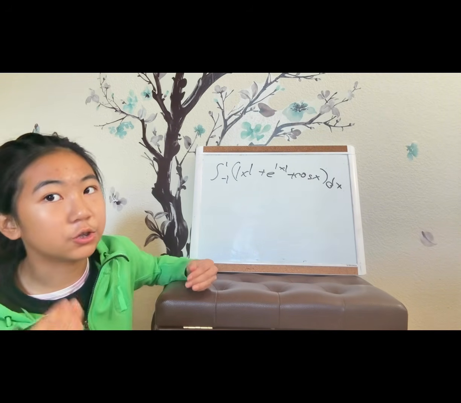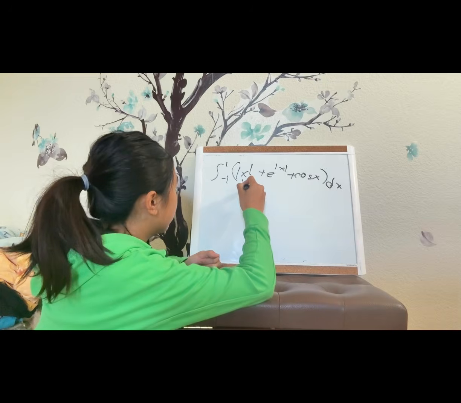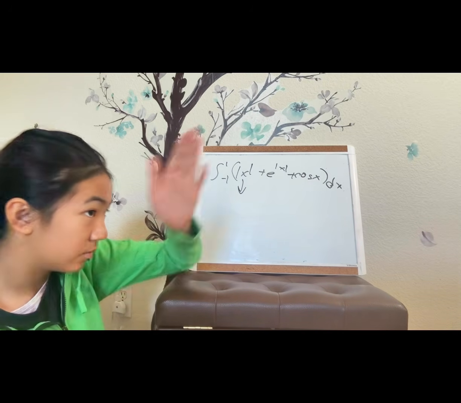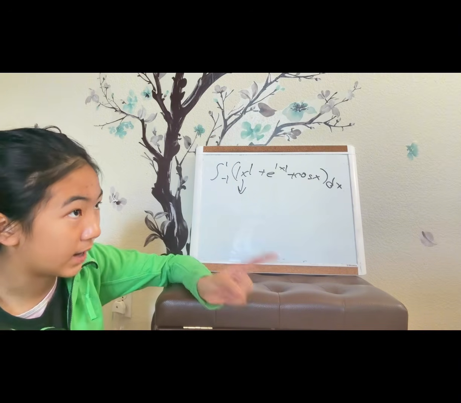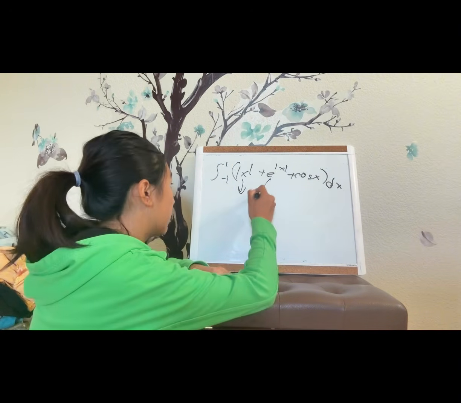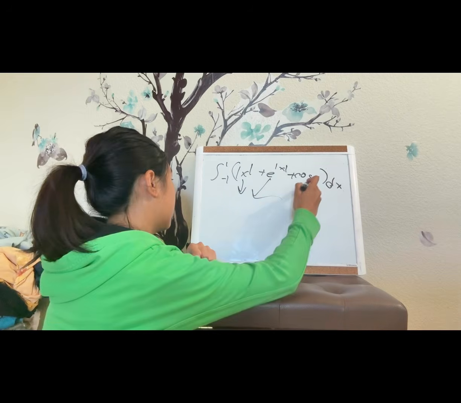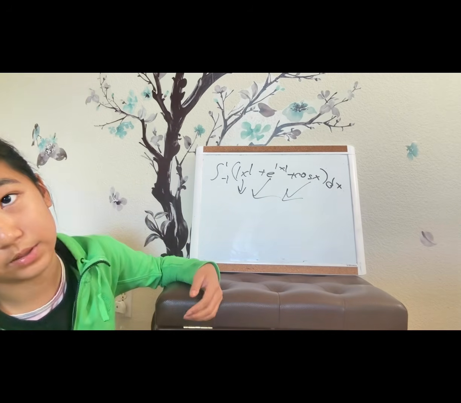So if we look at it geometrically, this graph is symmetrical with the y-axis. And then this one is also symmetrical with the y-axis. And cosine x is also symmetrical with the y-axis.